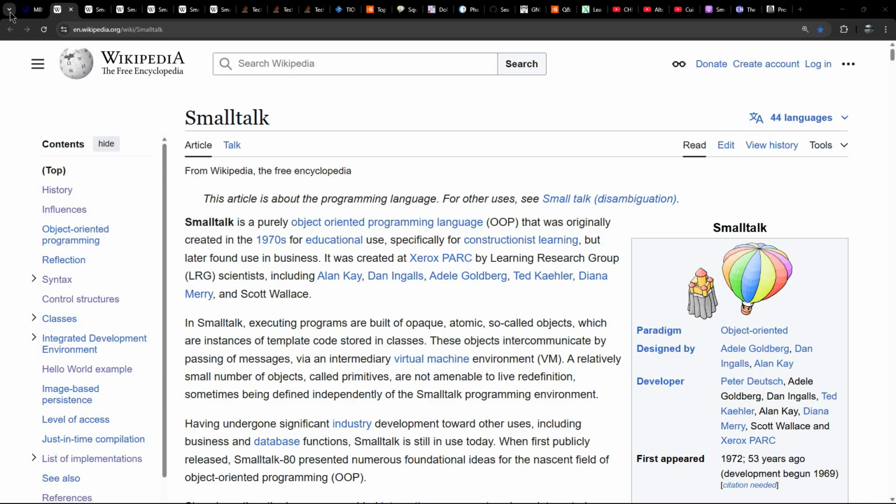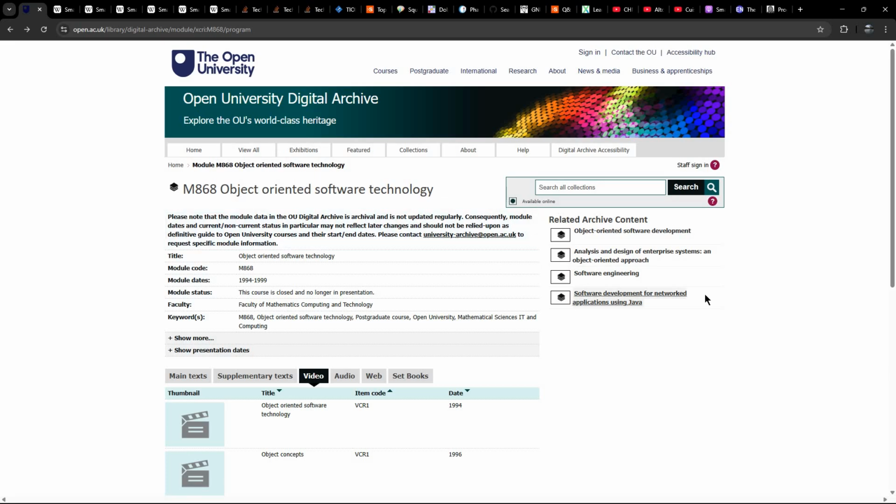So what was my reason for learning Smalltalk? It's one that's on my list to revisit, but I did have to learn it back in the day. I think I spent 6 to 8 months learning it, and it was because of this.